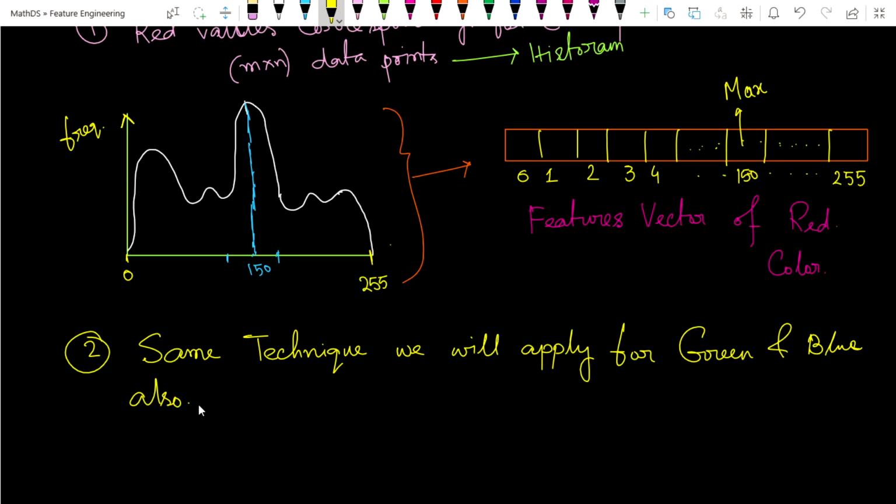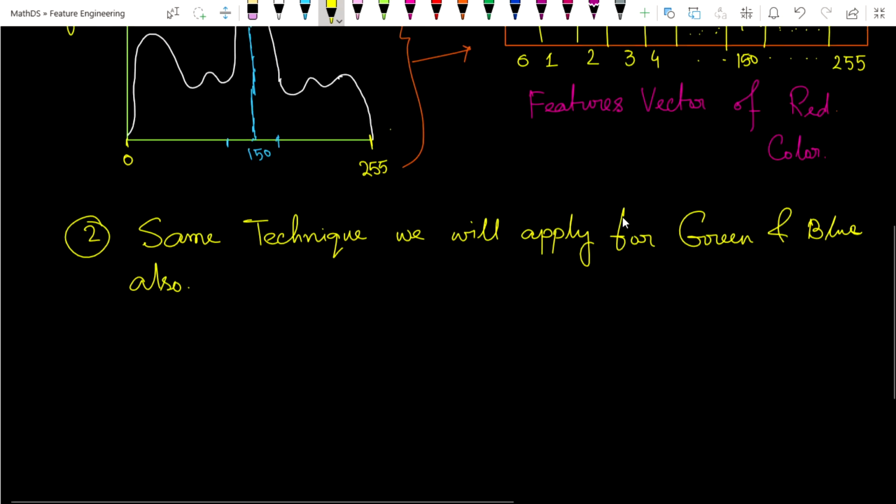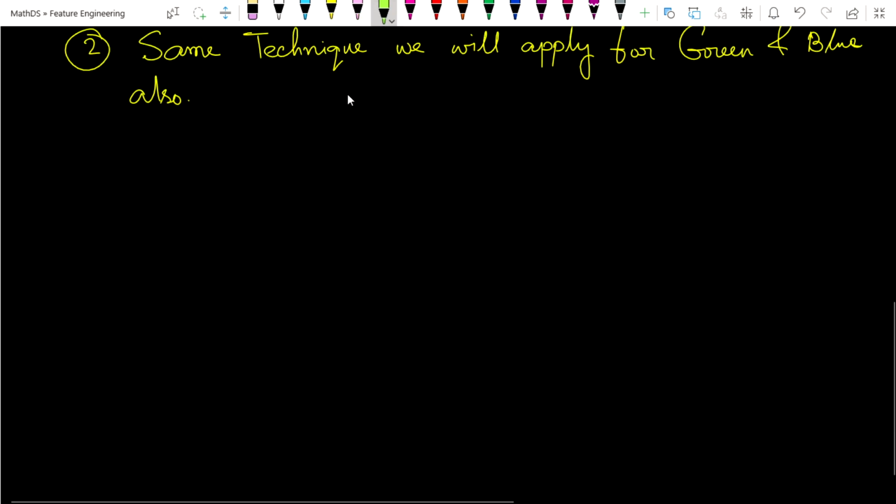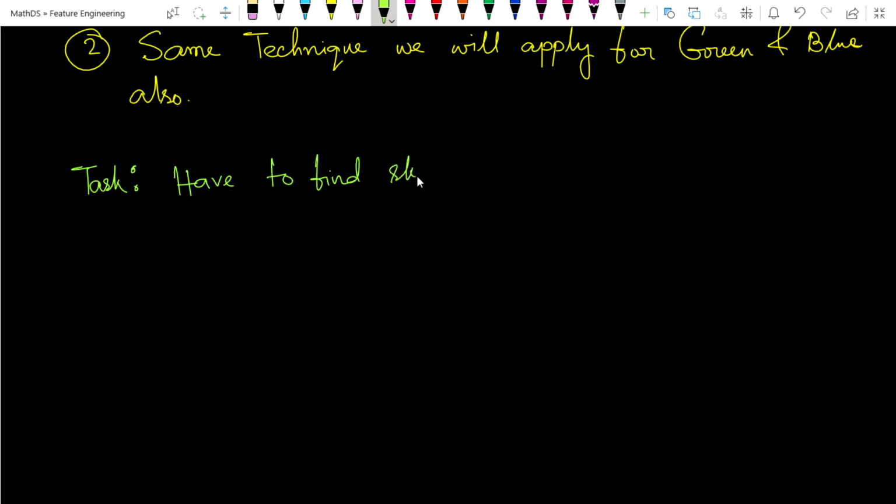Now let's see how, using the simple feature vectors of each color, we detect something. Suppose our task is that we are interested to find whether there is some sky or not in a picture.